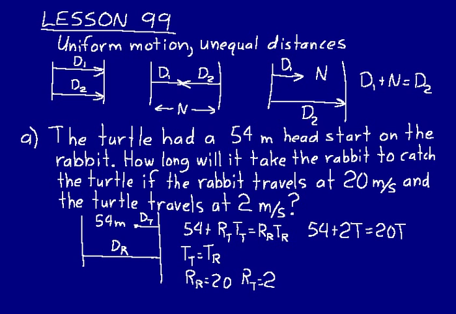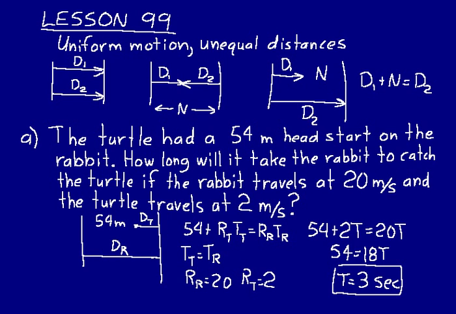That's our question also. How long will it take the rabbit to catch the turtle? So if we subtract 2t from both sides, we'd have 54 is equal to 18t, and then divide both sides by 18, and we would get t is equal to 3 seconds. The time is in seconds on this one because the rate was meters per second.